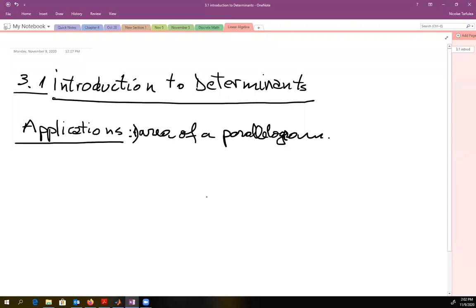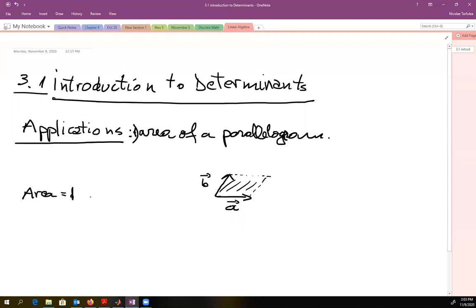If you have 2 vectors, let's say A and B, something like this, then the area of the parallelogram constructed on these 2 vectors is given by the absolute value of the determinant.